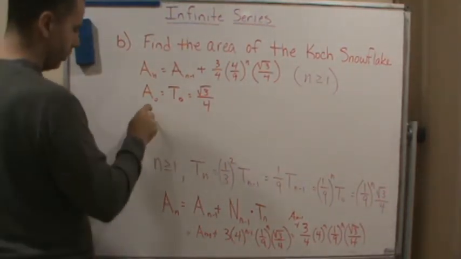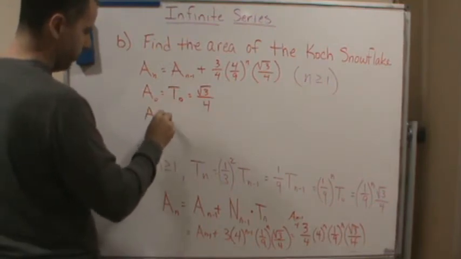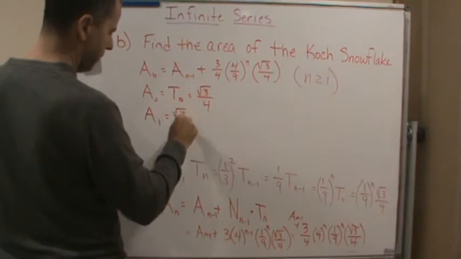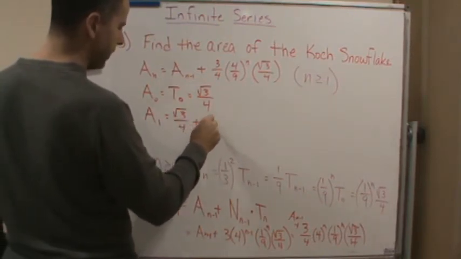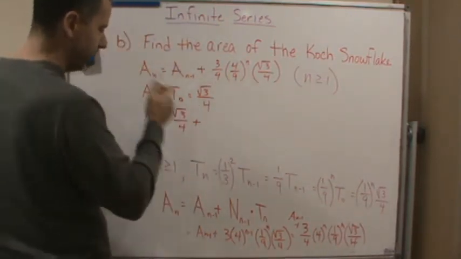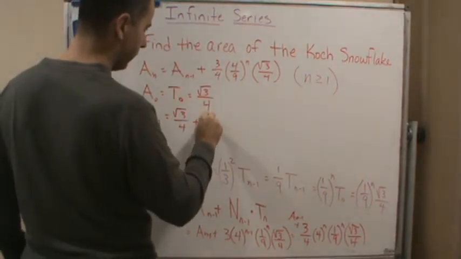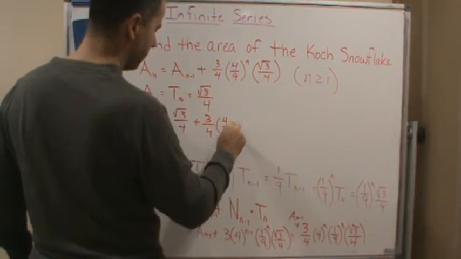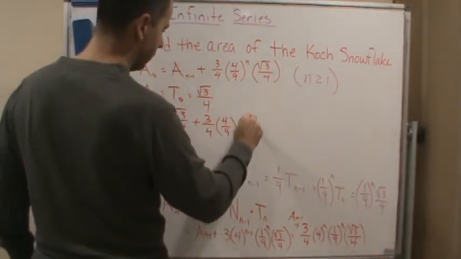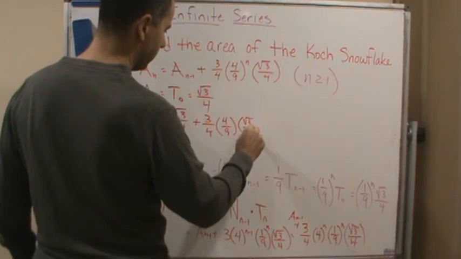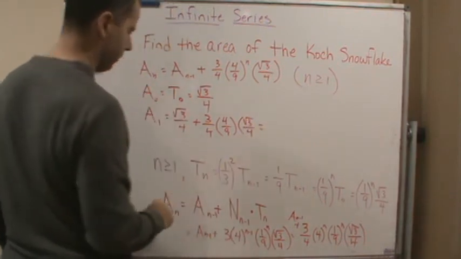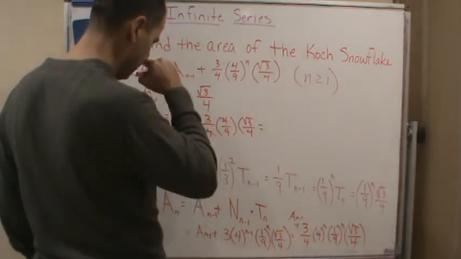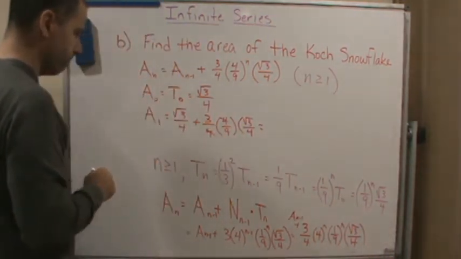So now a1 is what? Well, it's going to be the square root of 3 over 4 plus what? Well, at 1, it's going to be 3/4 times 4/9 times the square root of 3 over 4, which this cancels with this, right?